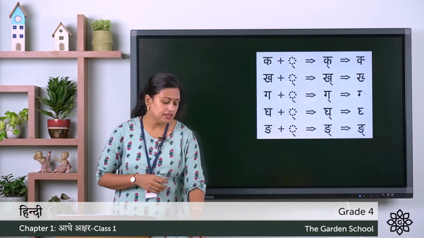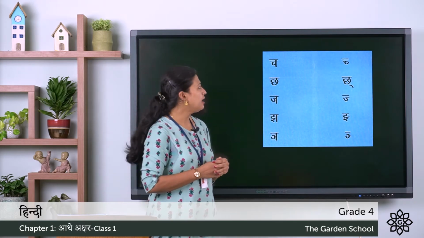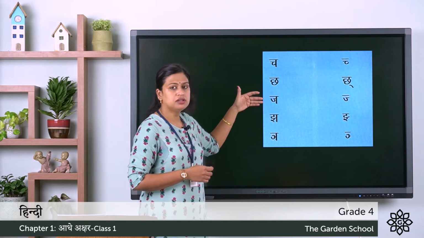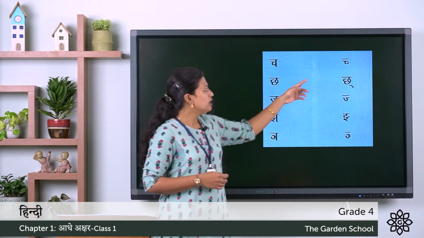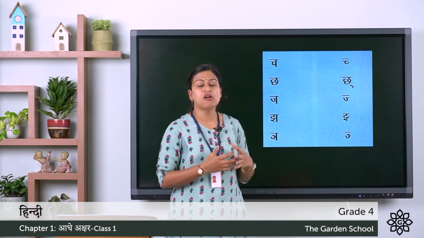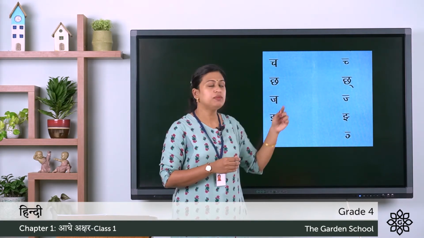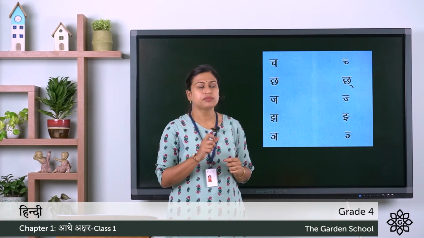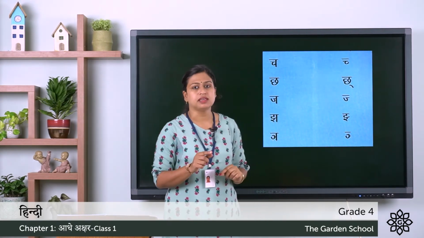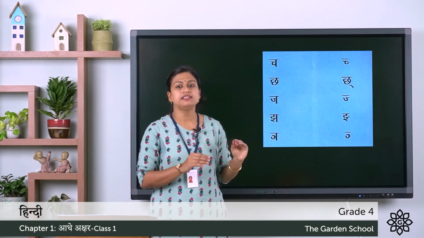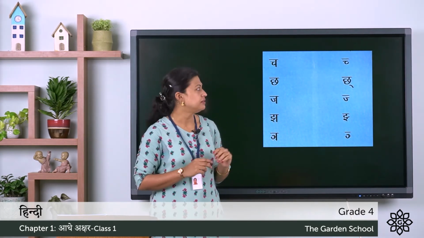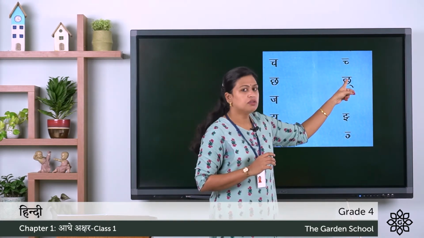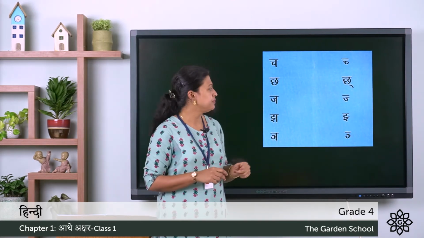Same way, let's see the next set of Vyanjan Akshar, and this is the way: Cha, Cha, Ja, Jha, Nya. And this is the way to write the half form of Cha. So here we say Cha, and it has very short sound, and the standing line is missing. So this is the form of writing Cha in half pattern. Next one is Cha, and here you can see we just write the Hal symbol.